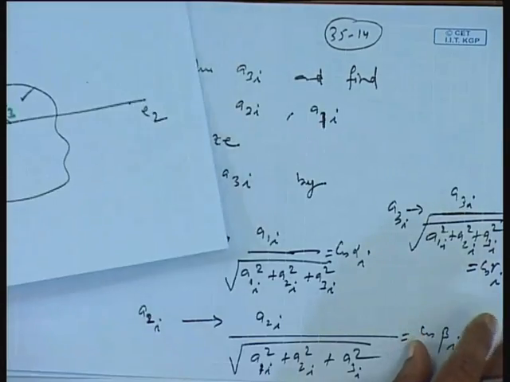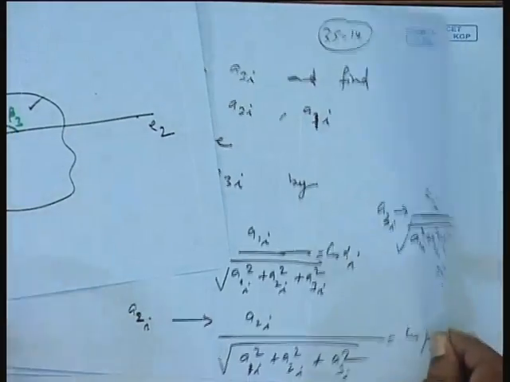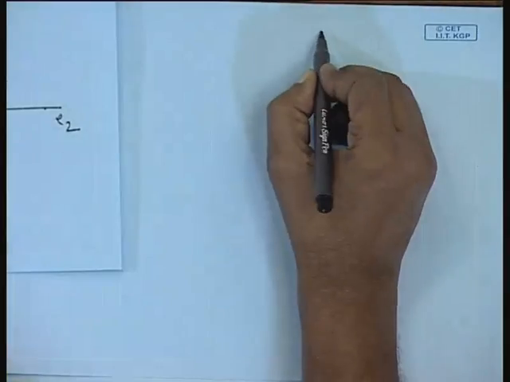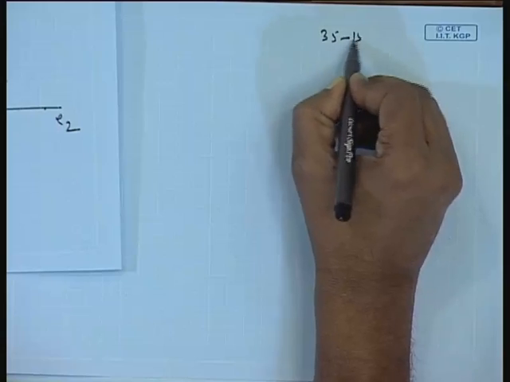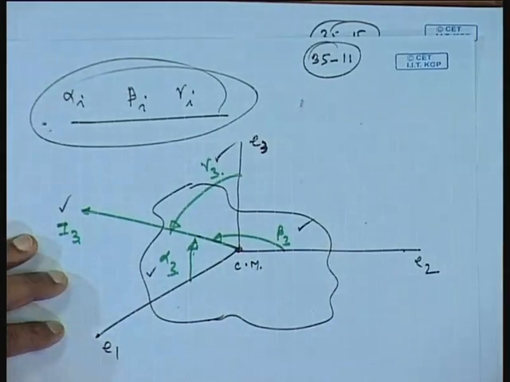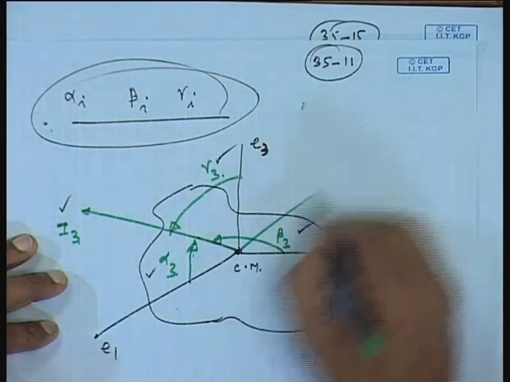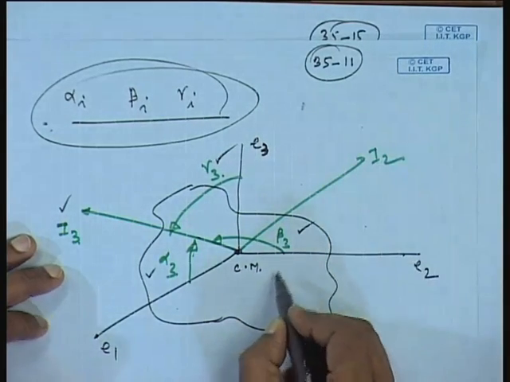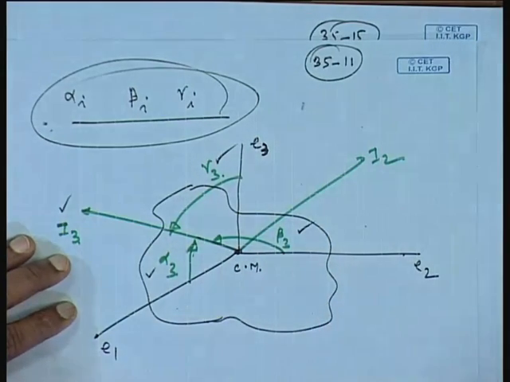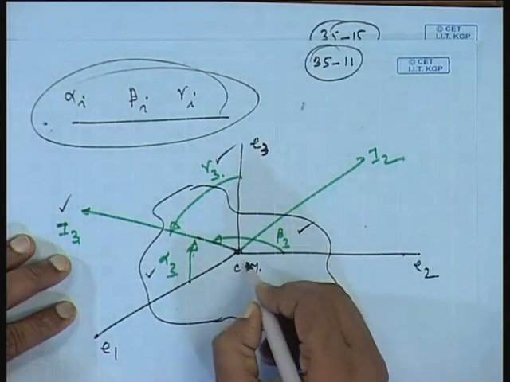So, in the same way, you can choose the next direction. So, we can choose the next direction here, let us say this is your I2, okay. And similarly, then you have to work out for all these angles.